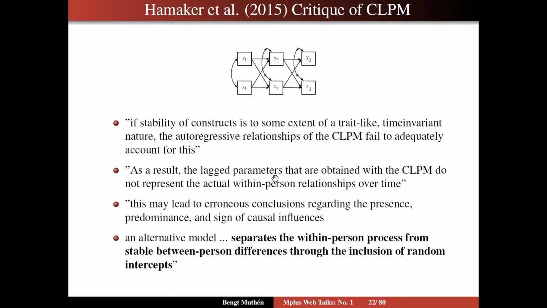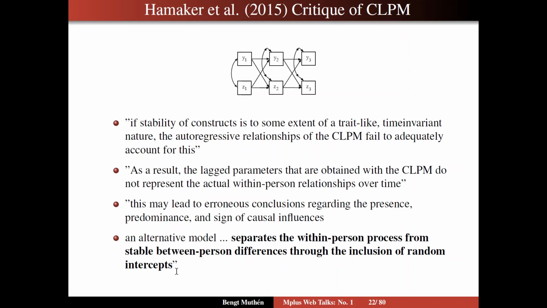The lag parameters that are obtained with the CLPM do not represent the actual within-person relationships over time. This may lead to erroneous conclusions. An alternative model separates the within process from stable between-person differences through the inclusion of a random intercept.